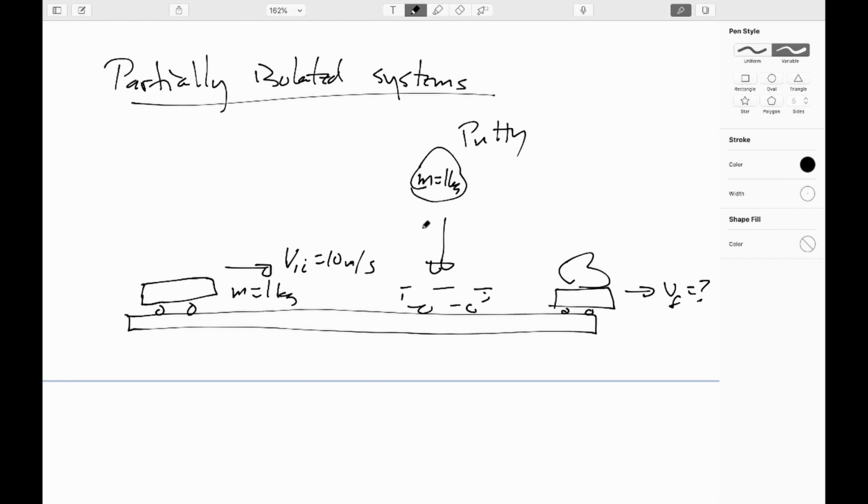However, gravity is only acting in the y direction. The net force on the system, so keep in mind we're making the putty plus the cart my system, the net force on the system in the x direction is 0. So that means the system is isolated in x but not y.